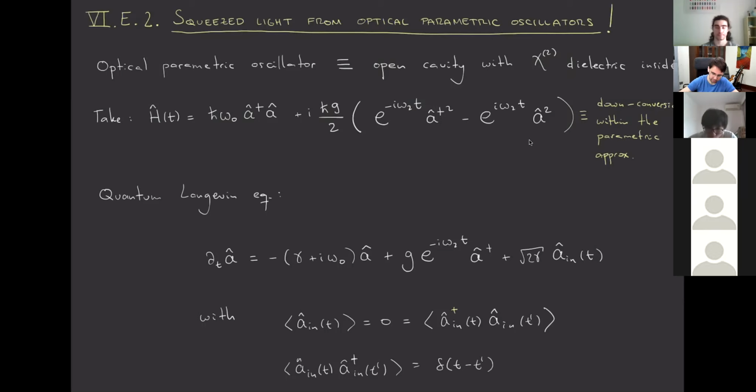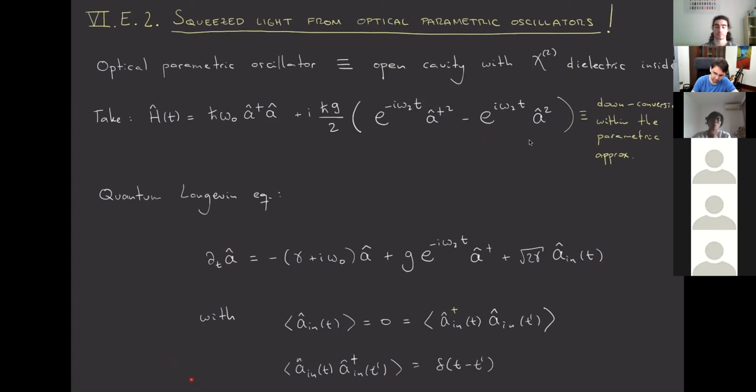So this is the model for an open cavity where we put inside a crystal with second order nonlinearity. At least a model only for the down converted field. So with the pump just approximated as a classical source that is just giving you some amplification.